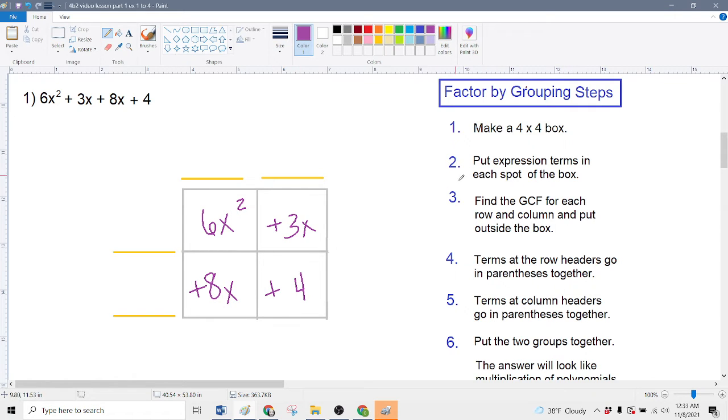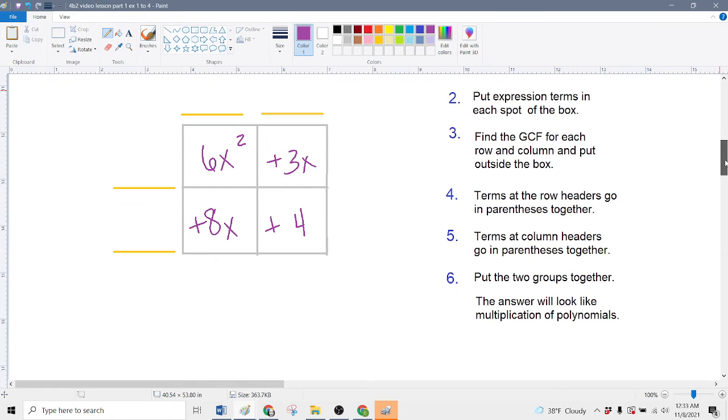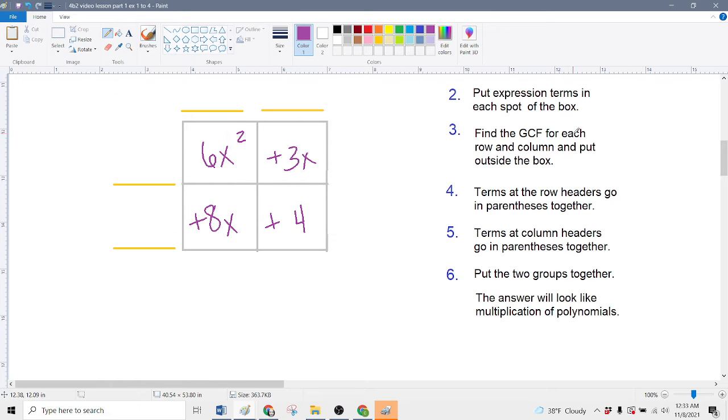So we've made our box. We've put the terms of our expression in each spot of the box. One term, one spot. Now we need to find the GCF for each row and column and then put it outside the box, right? So for this row here, our GCF for that row will go here.